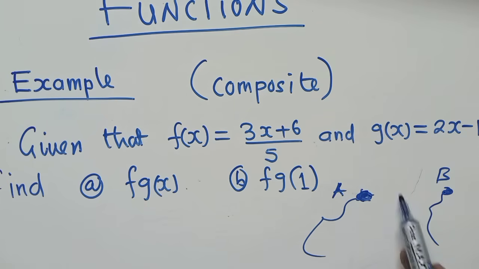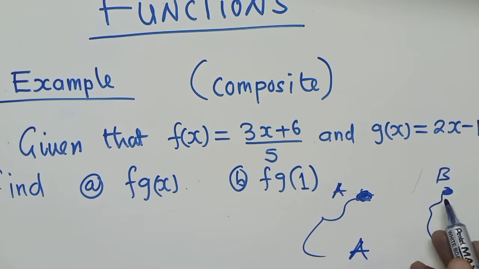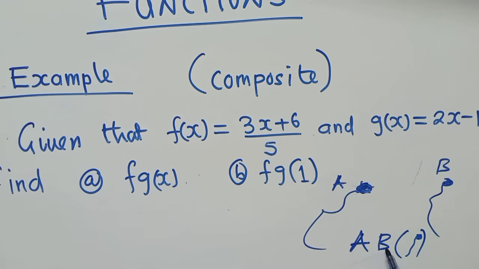If we want to talk about the composite of these two snakes, snake A will swallow snake B. When snake B has been swallowed by snake A, we will say A of B, snake, meaning snake B has been swallowed by snake A.